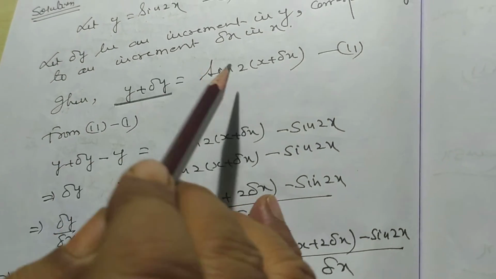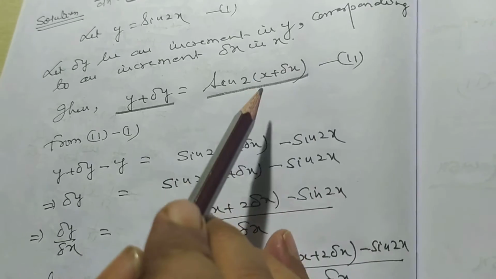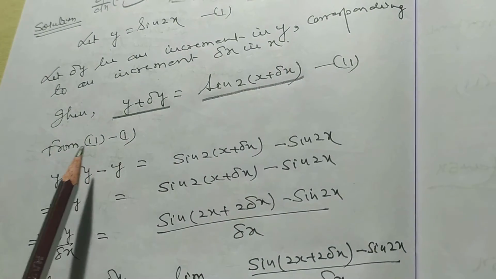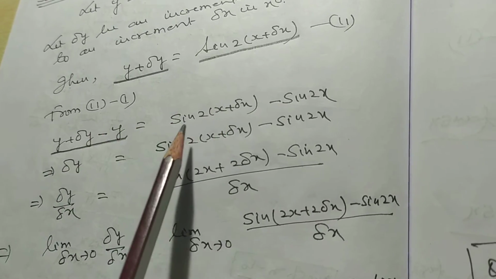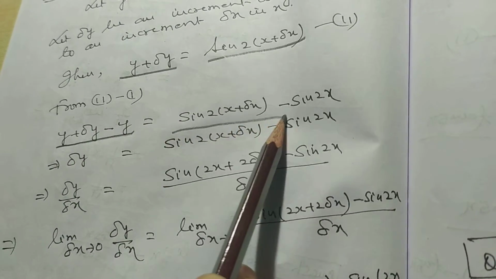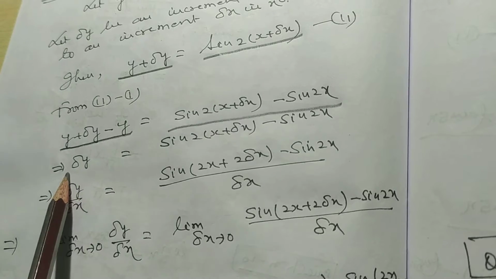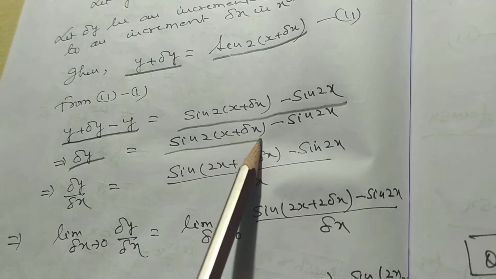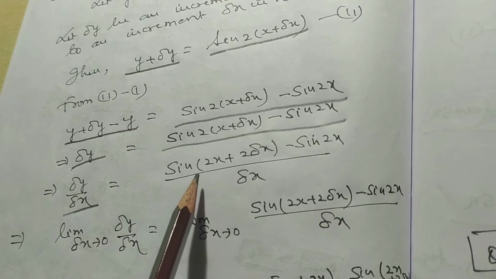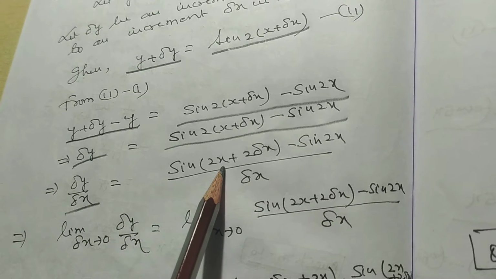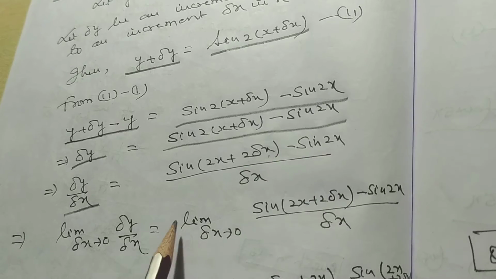Then y plus delta y is equal to sine of angle 2 into x plus delta x. So from second minus first, y plus delta y minus y is equal to sine of angle 2 into x plus delta x minus sine 2x. So delta y is equal to sin 2 into x plus delta x minus sin 2x. So delta y by delta x is equal to sin 2x plus 2 delta x minus sin 2x, over delta x.